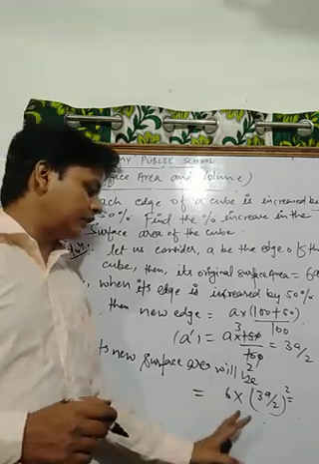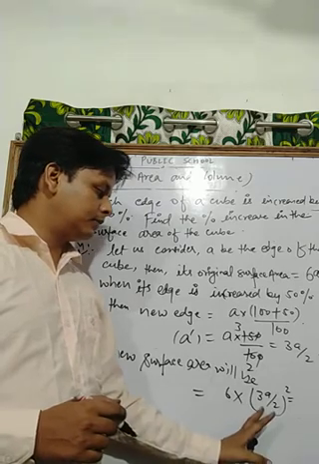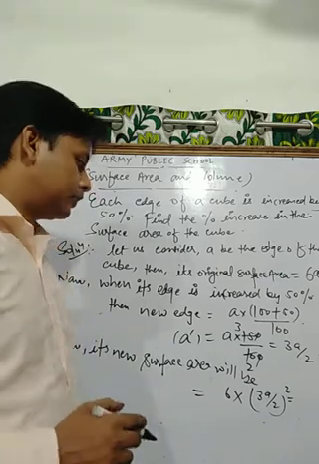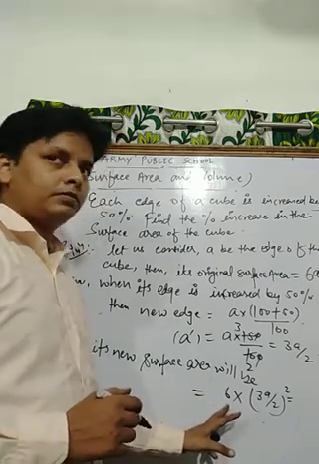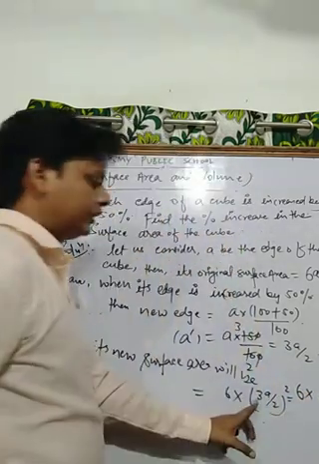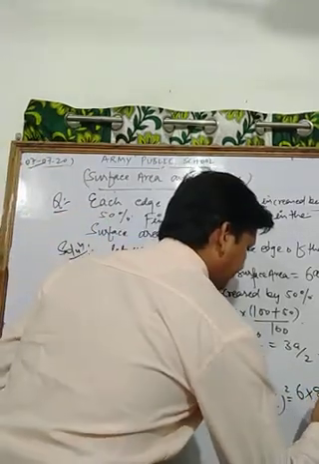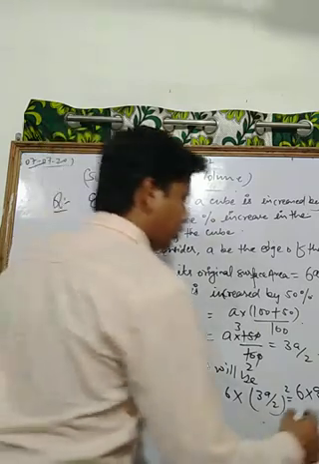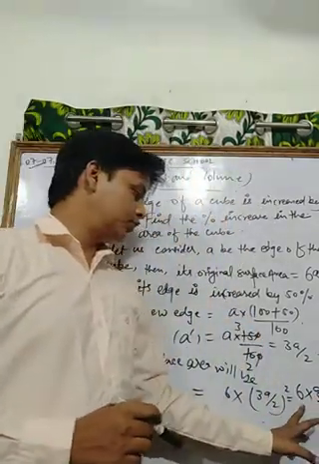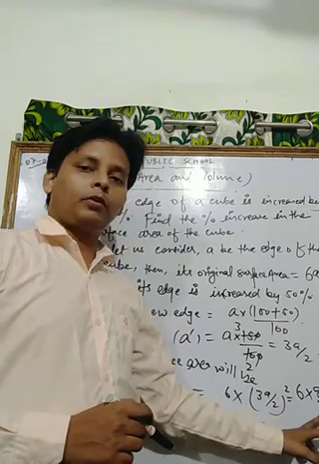Then its new surface area will be 6 into (3a upon 2) squared. Then I get 6 into 3 threes are 9, into a square upon 2 twos are 4. So 6 into 9a square upon 4.